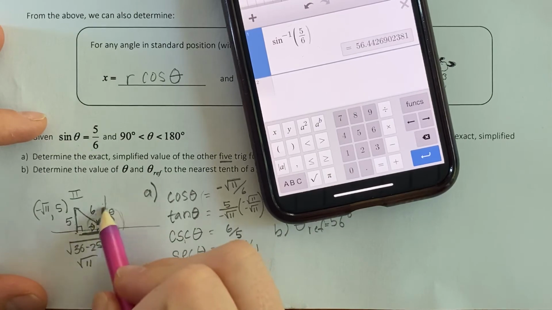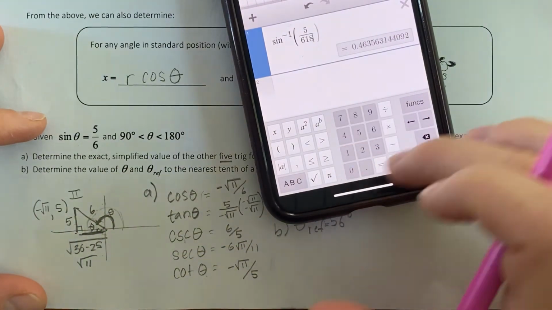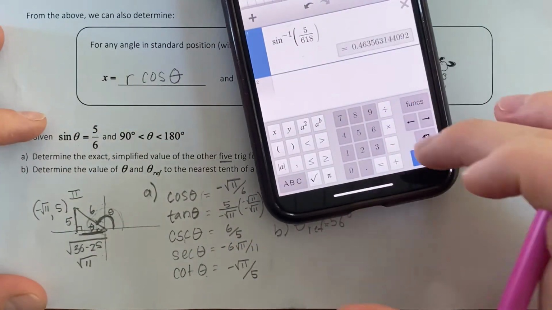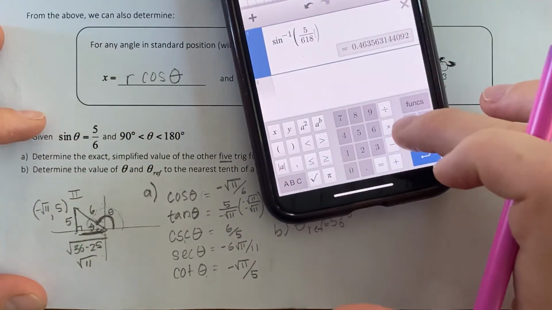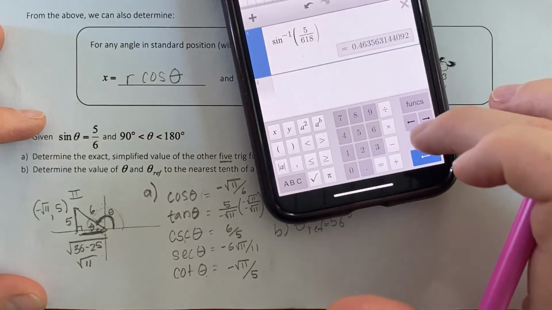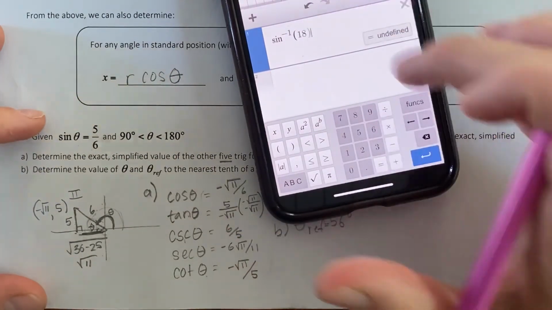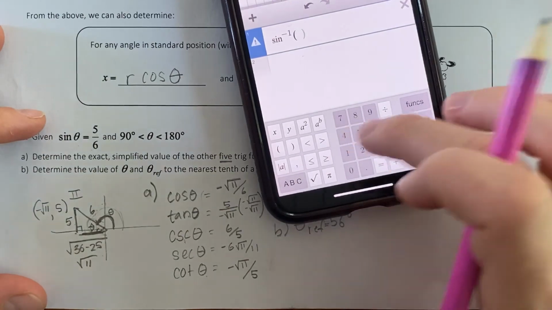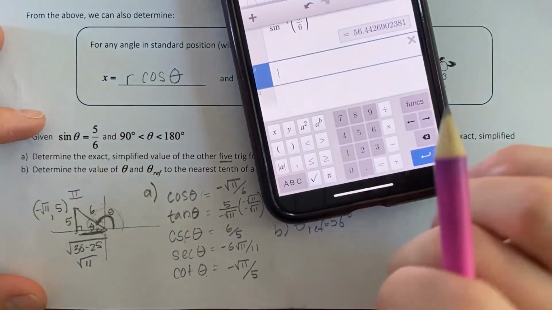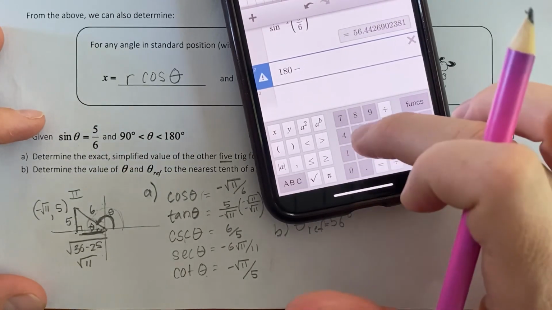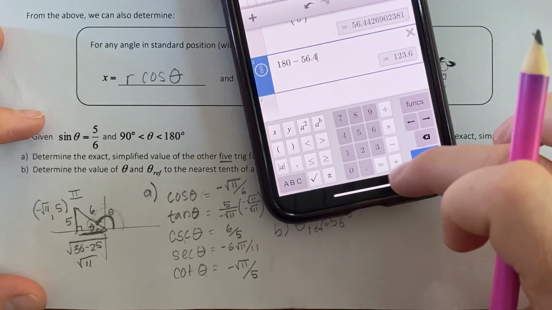If this is 180 degrees, we can say 180 minus 56.4.